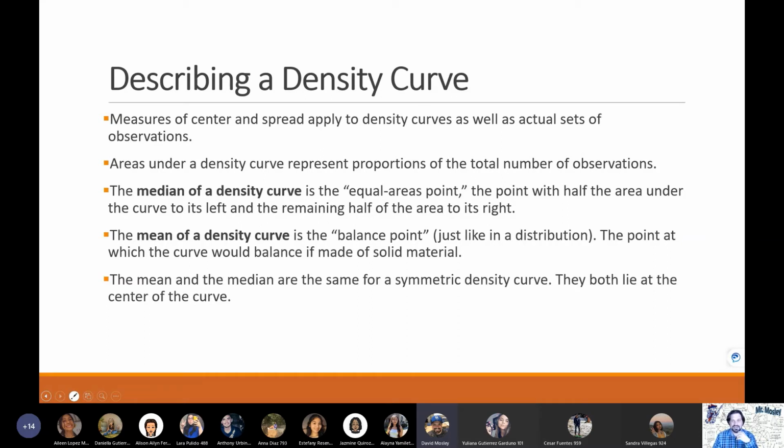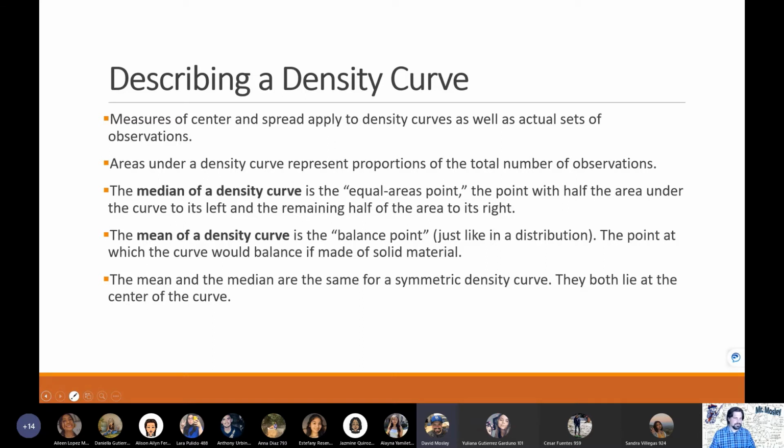The mean and the median are the same for a symmetric density curve. They both lie at the center of the curve. And again, this is something we've talked about previously, when we were describing shape and center. If we have a roughly symmetric distribution, the mean and median are about in the same place. They're pretty close.